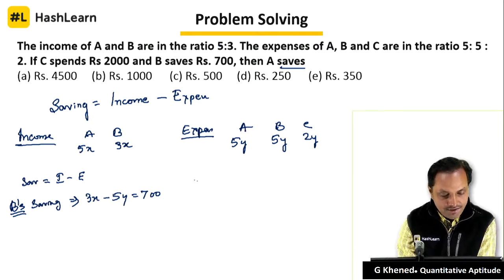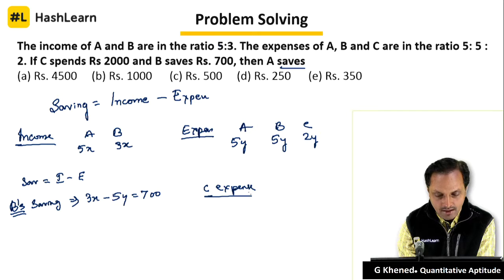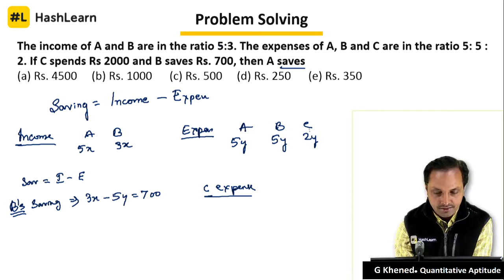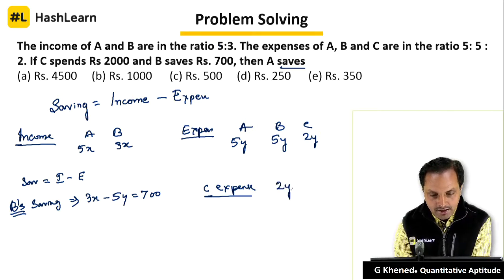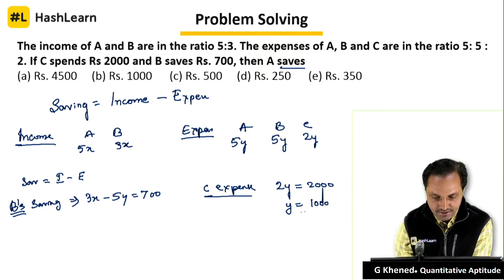And what is the expense of C? C's expense is 2y, and that should be equal to 2000 because he is spending. So, your y will be equal to 1000 rupees.